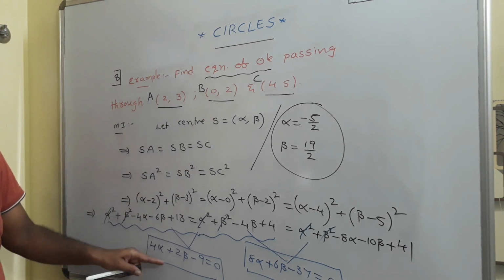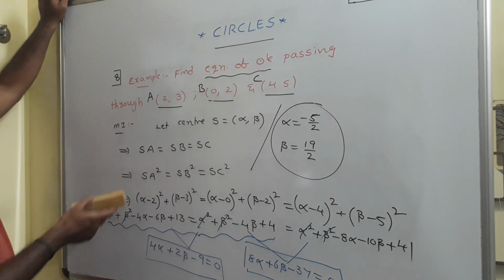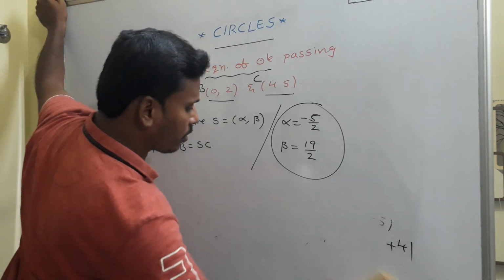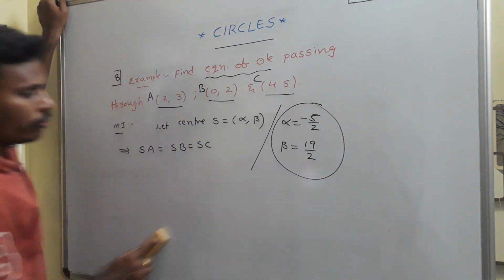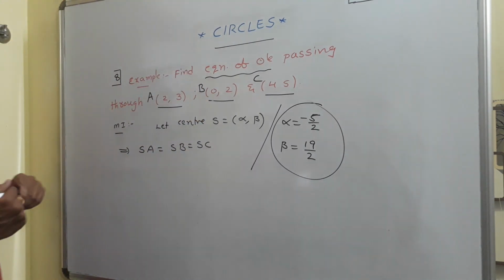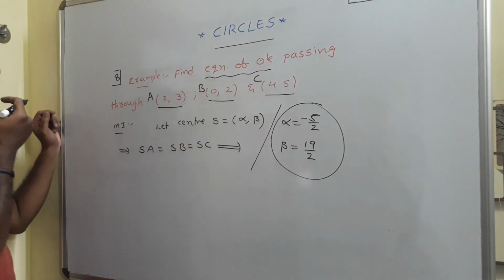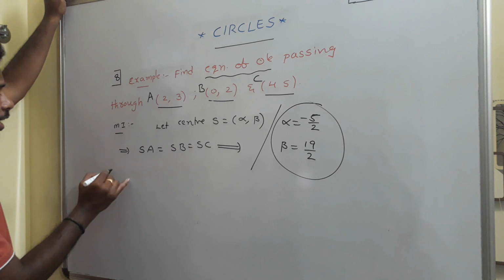Okay, I am going to erase this part of the board. Finally, using this relation SA equals SB equals SC, we found the center of the circle as alpha beta. After having the center, we need to find the radius also.